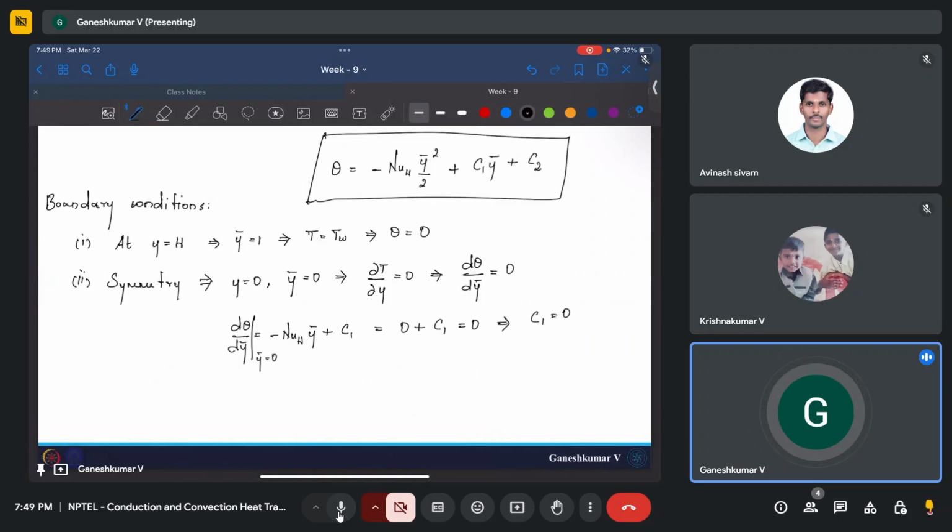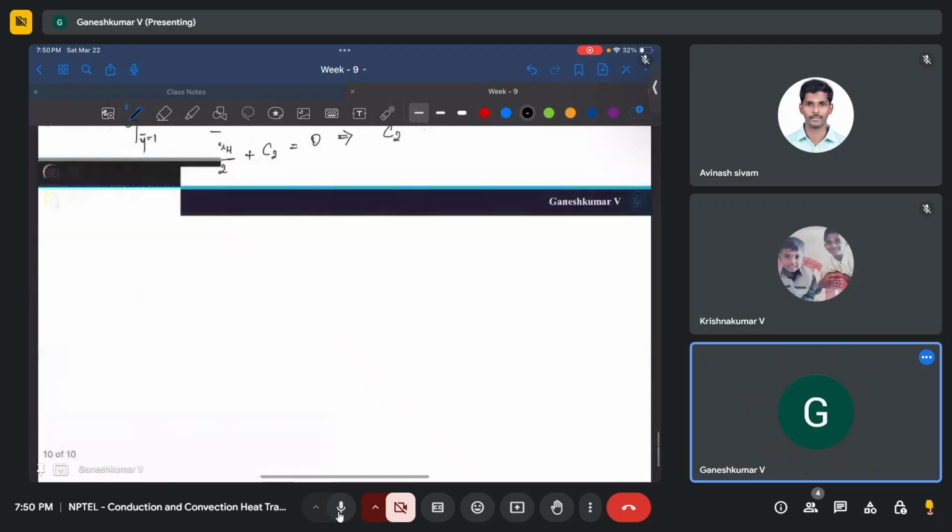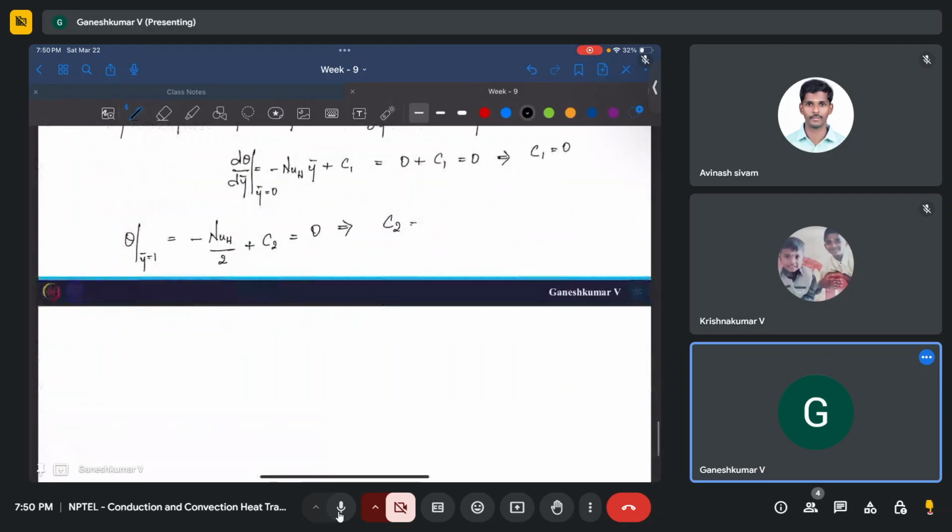Okay, now it simplifies it further. Now at y bar equal to 1, theta at y bar equal to 1 is nothing but minus Nu_h by 2 plus c1, which is already 0, plus c2, and theta is 0, so you can write c2 to be Nu_h by 2.